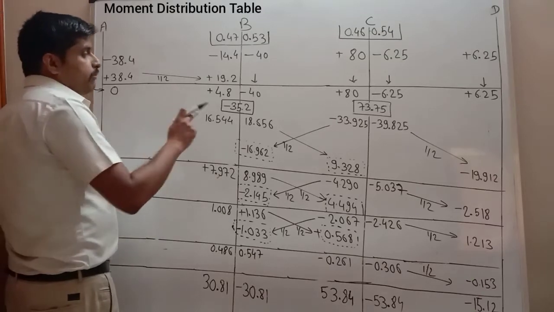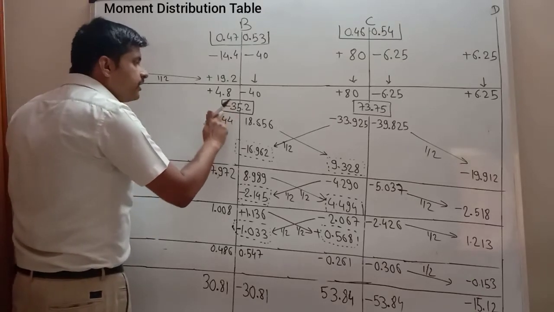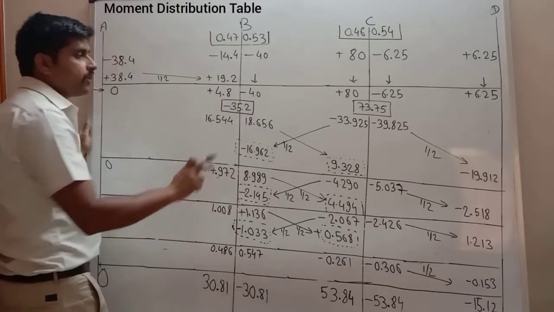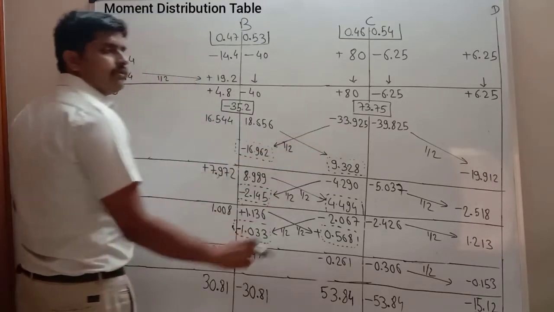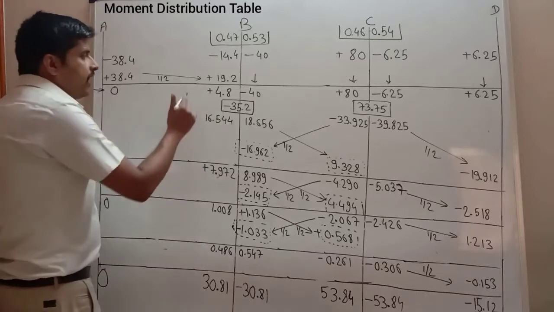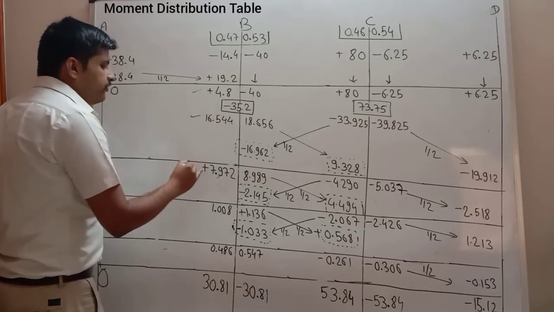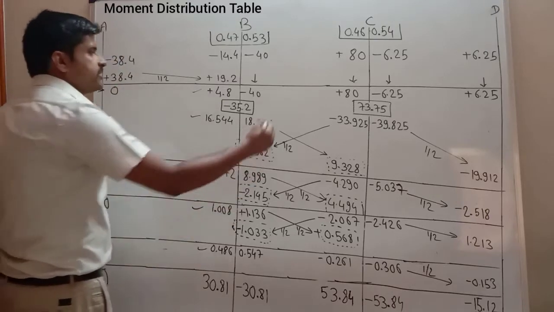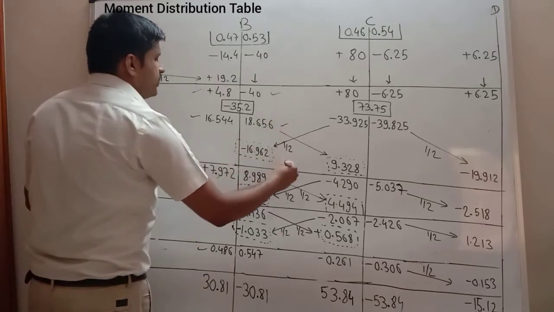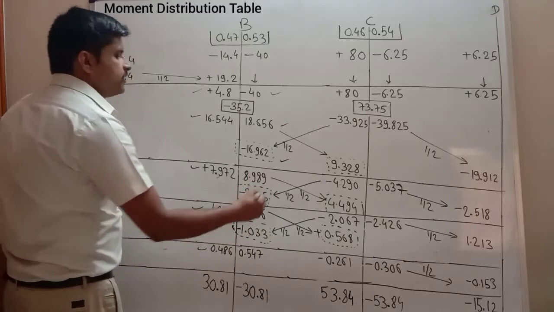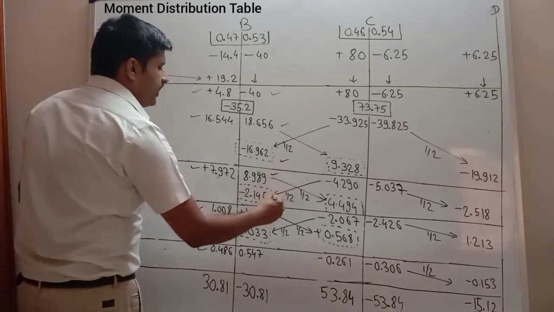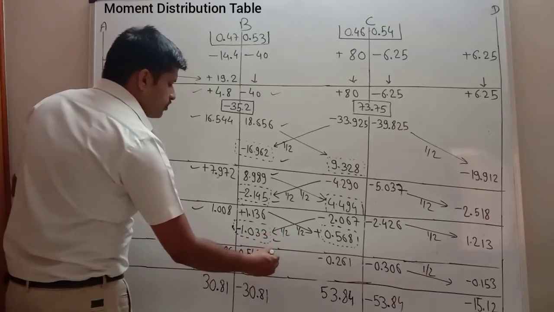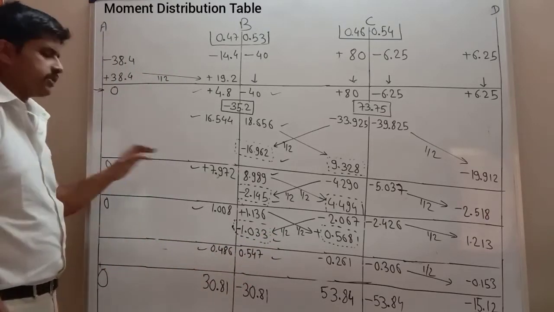But keep in mind we will not add this moment in any of the additions. This one and this one we will not add. We will add 4.8, 16.54, 7.972, 1.008, 0.486. Again minus 40, plus 18.46, minus 16.962, 8.989, minus 2.145, minus 1.003, plus 0.547.